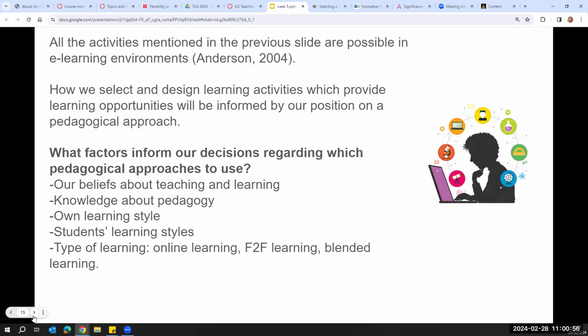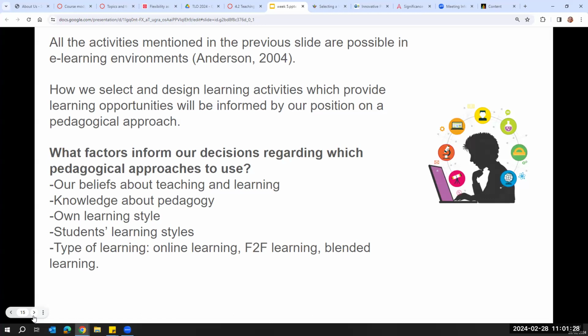So your own learning style is part of the equation, but also your students' learning styles and needs, and the institutional factors that are out there. So again, you might be given flexibility in the institution by saying, yeah, you choose your own pedagogy, but some institutions tell you exactly how you should be teaching. So you are very limited in what you can do.